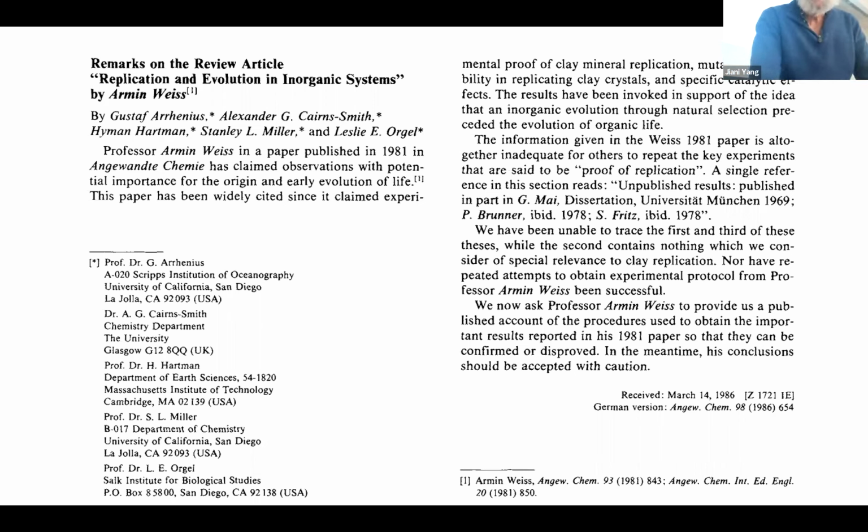Professor Armin Weiss, in a paper published in 1981 in the Angewandte Chemie, has claimed observations with potential importance for the origin and early evolution of life. This paper has been widely cited since it claimed experimental proof of clay replication.